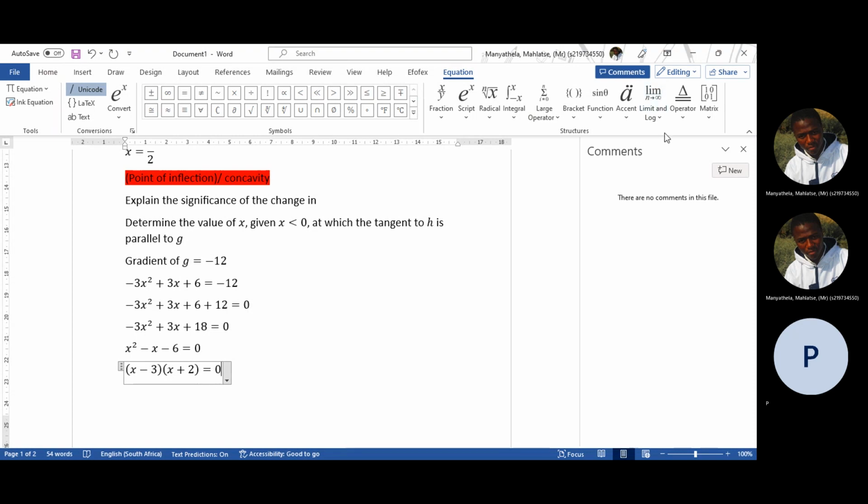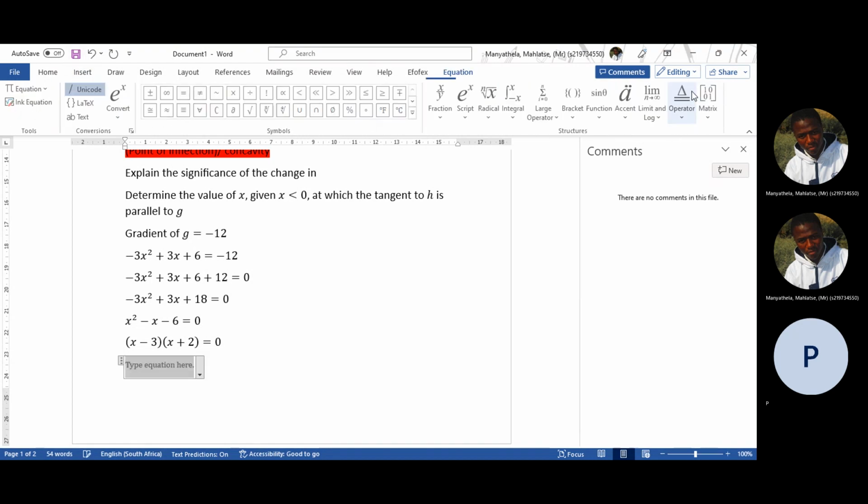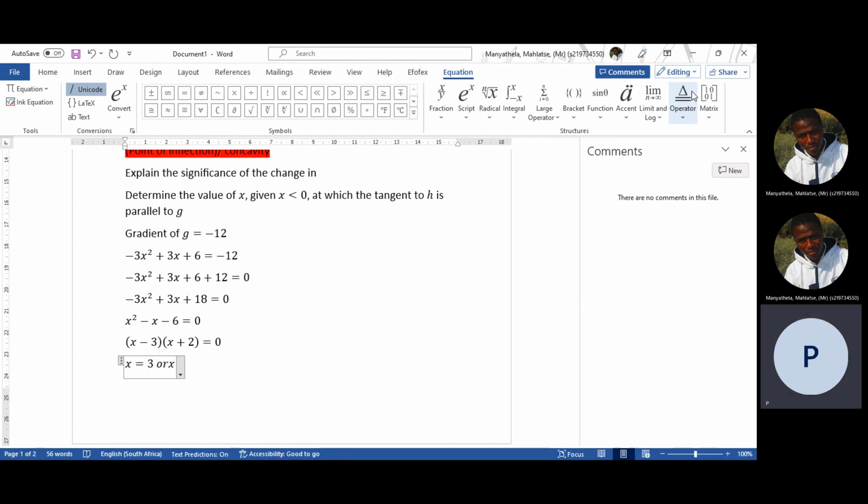x equal to 3 or x equal to negative 2. Okay, let's go back to the question. It said determine the value of x given x is less than 0. If x is less than 0, we're going to focus only on the x value that is less than 0, which is -2.